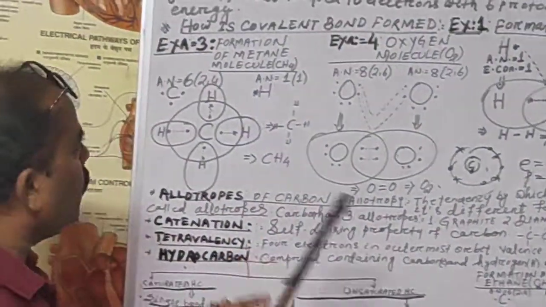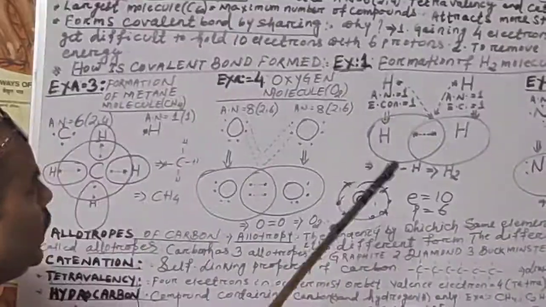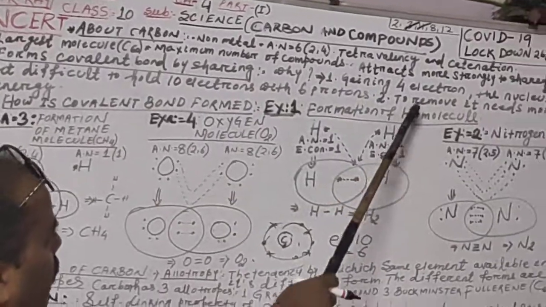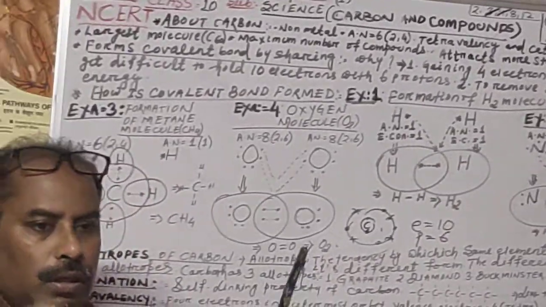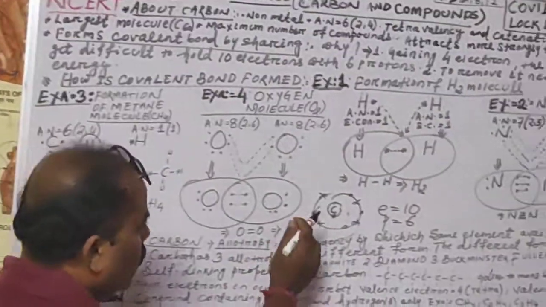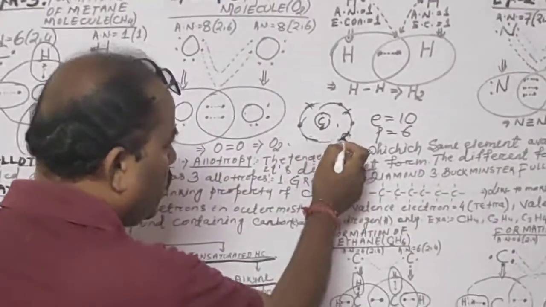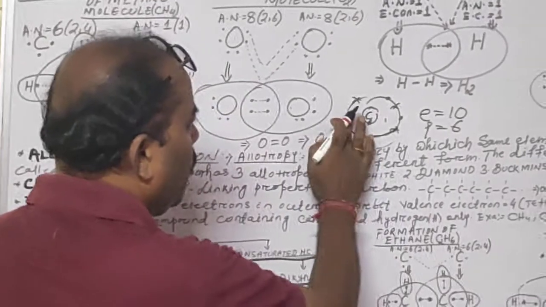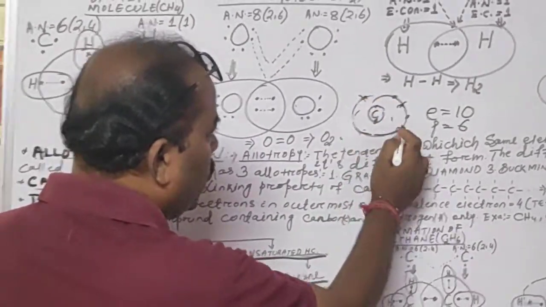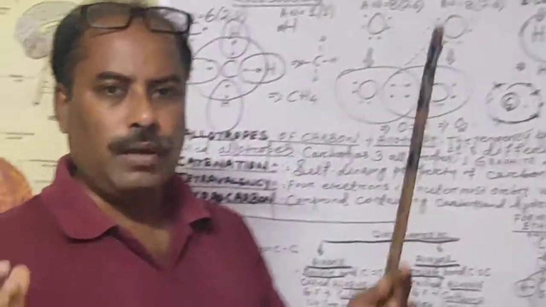Again, it can lose electrons, but it does not. If it loses electrons, it needs to give some energy, because when an electron is lost from here, energy has to be given to remove it. As it needs to lose 4 electrons, a large amount of energy is needed.